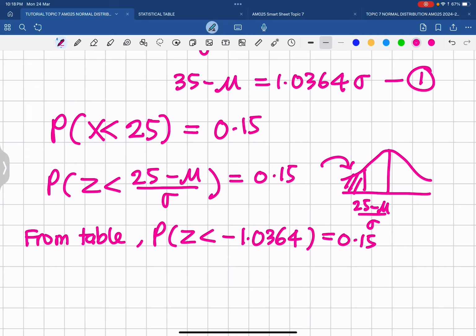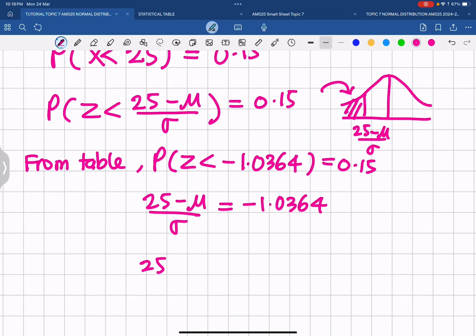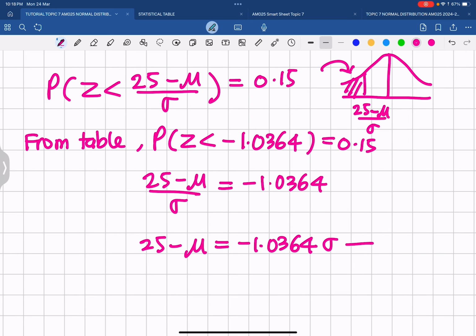Now let us compare: (25 minus the mean) divided by the standard deviation is equal to negative 1.0364. Then let us cross multiply the standard deviation to the right hand side, the same thing we did for the previous equation. And this is our second equation.